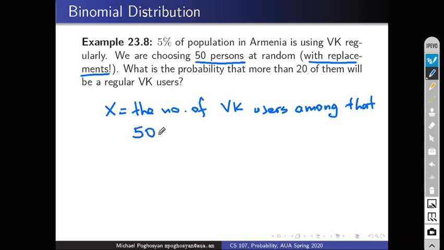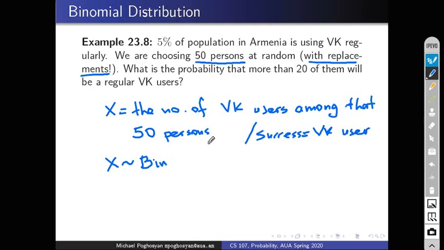Among that 50 persons, among that 50 trials. So in that case, we will have the following distribution. So X is the number of successes. Success in this case is if a person is a VK user.